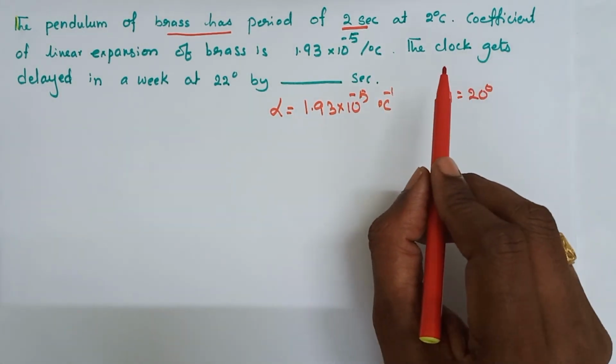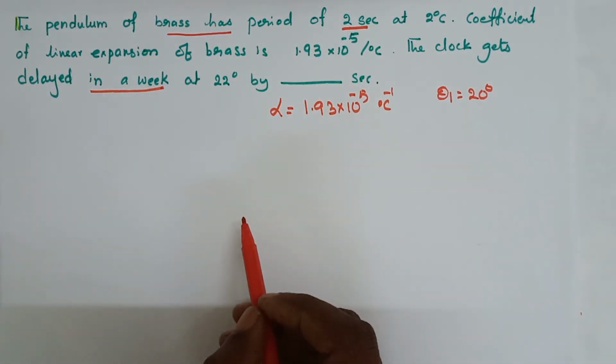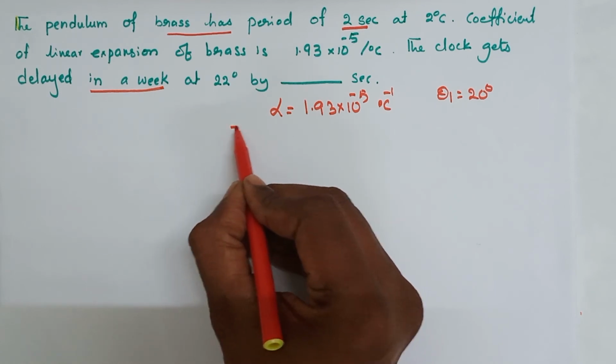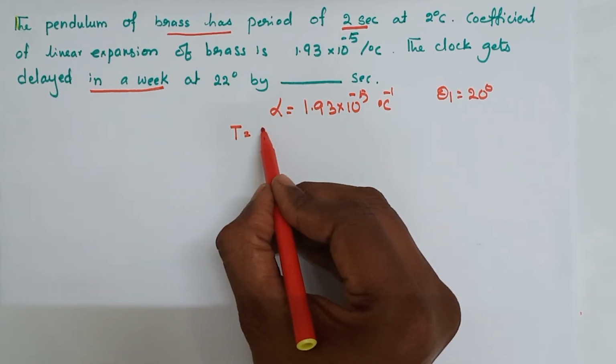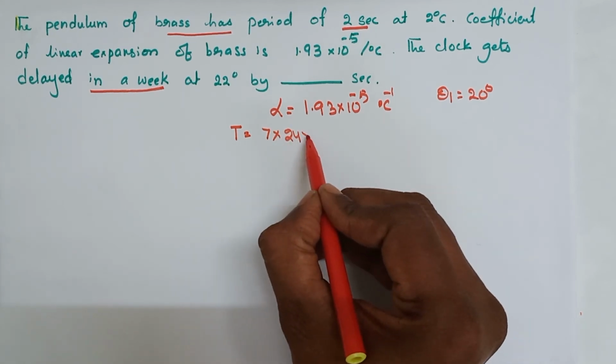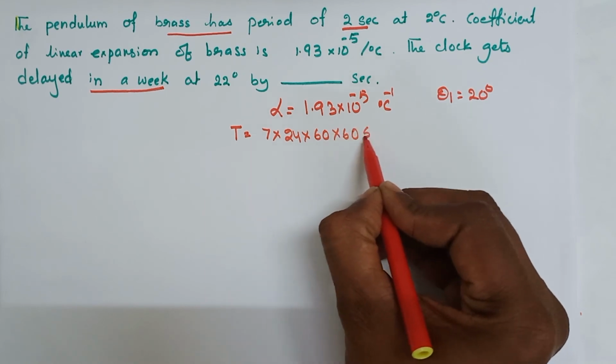The clock gets delayed in a week. Week means time t is 7 days, 1 day 24 hours, 1 hour is 60 minutes, 1 minute is 60 seconds.